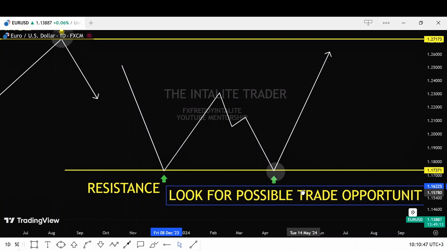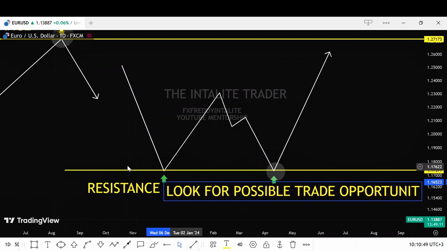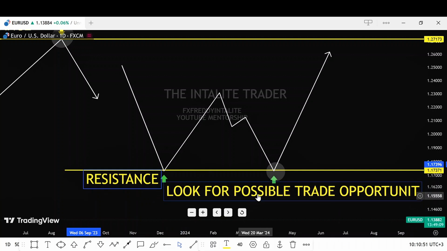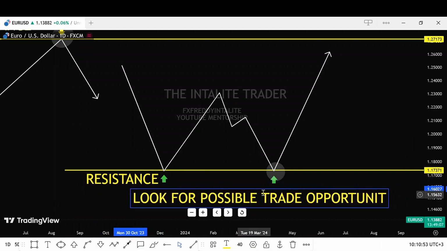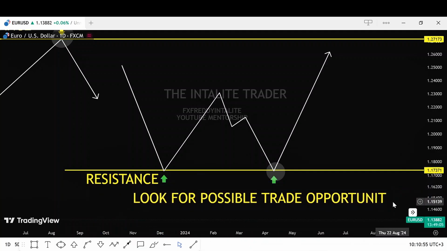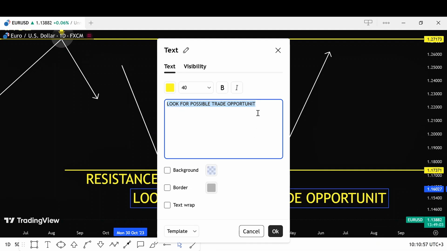This is our resistance level. So once price comes back into the same level, it presents possible trade opportunities.